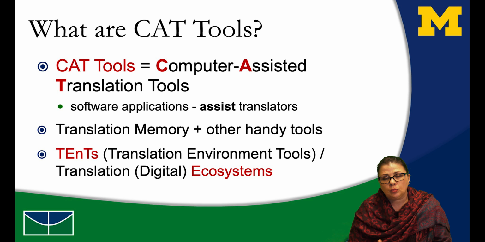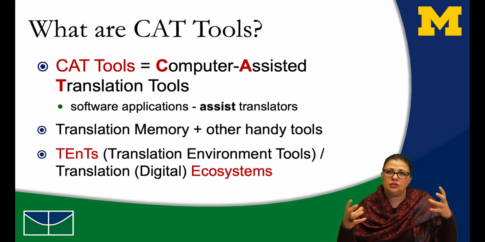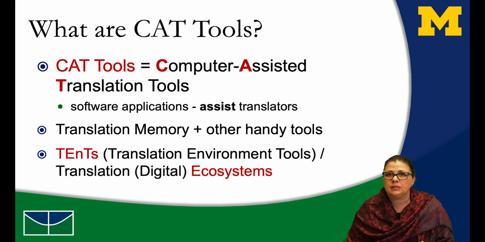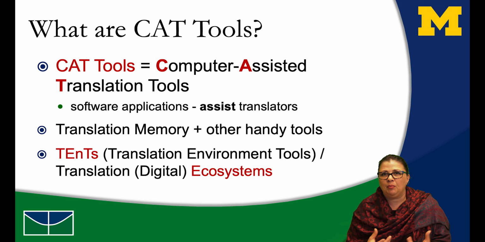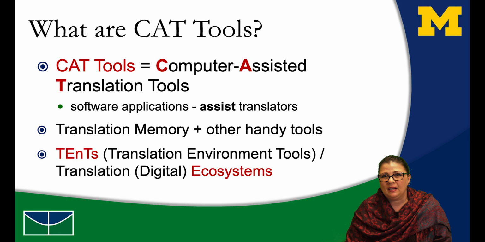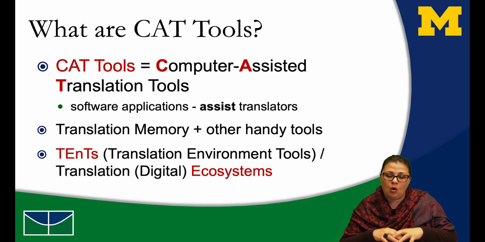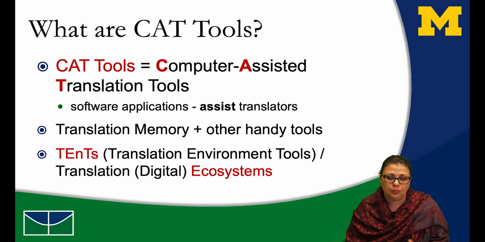But I just wanted to let you know that besides this translation memory, CAT tools have several other features that help translators to do their work. And nowadays, with all the technology advancements, there are so many tools that translators can put together in this one place to help them translate that they are coming up with different names for CAT tools, which are actually more encompassing than just a CAT tool.